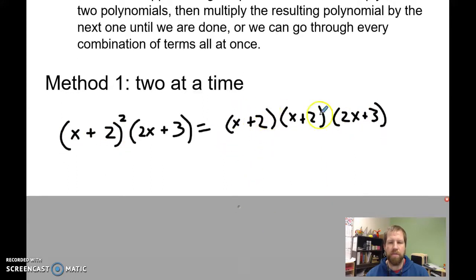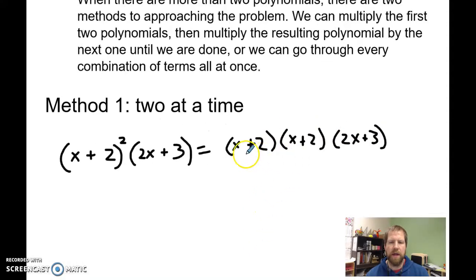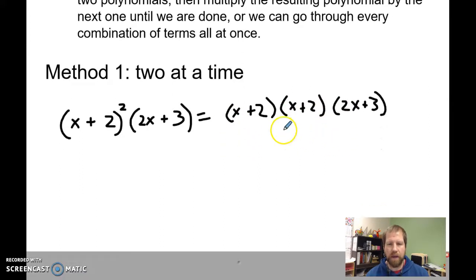Now I've got my 3 binomials here, and what I'm going to do is set one of these aside. This is all multiplication. I'm going to wait on this one and leave it off to the side. I'm going to multiply these 2 together, and now I'm going to do my FOIL. First is going to be x squared.